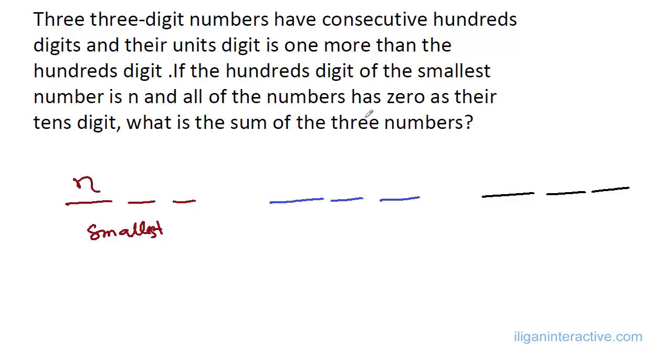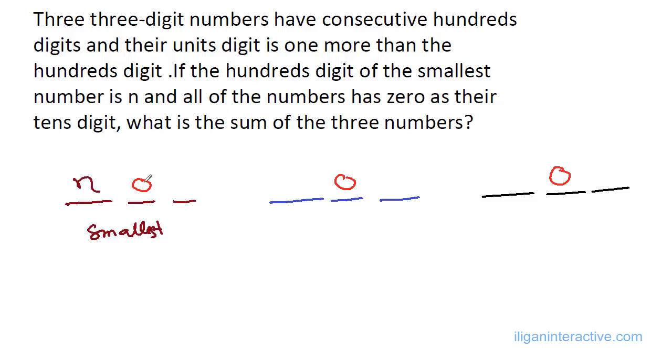And all of the numbers have 0 as their tens digit, so all of the middle digits are actually 0. And again, their units digit is one more than the hundreds digit.